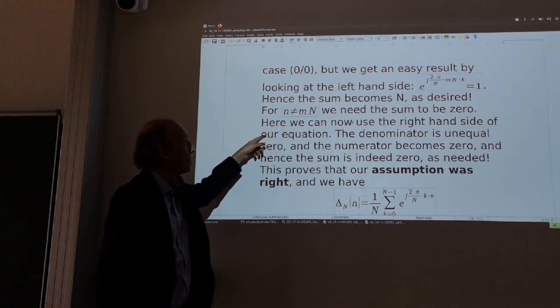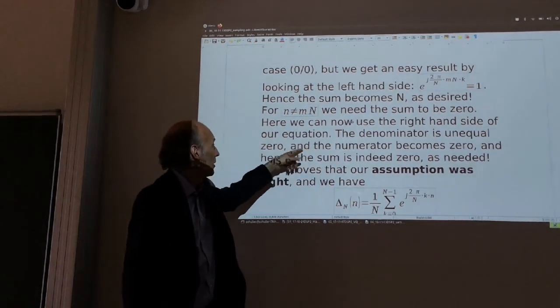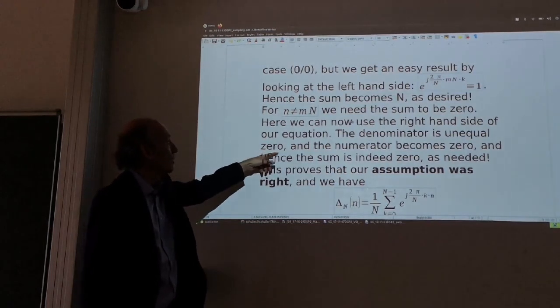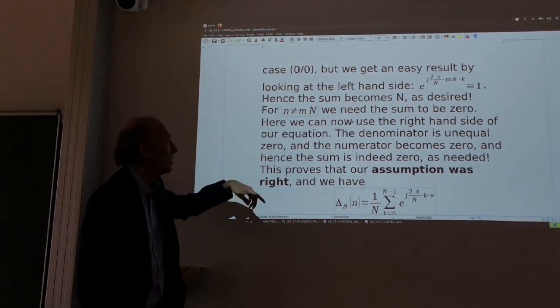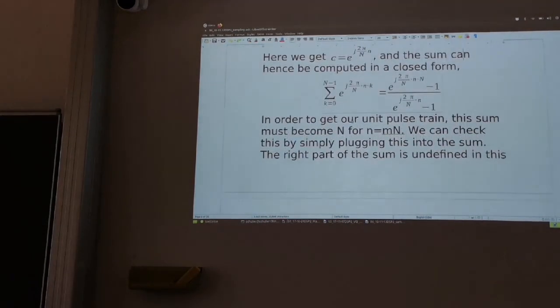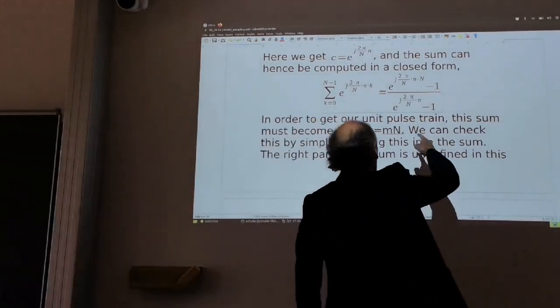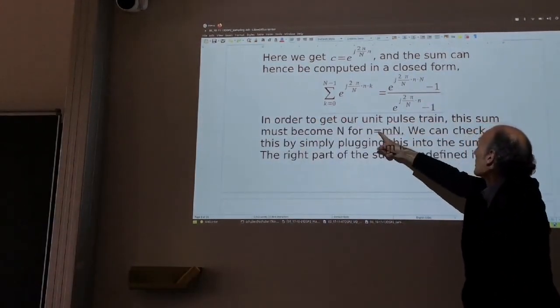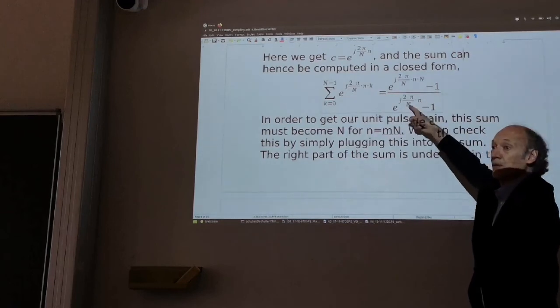And here we can now use the right-hand side which we just occupied. The denominator is unequal to 0, and the numerator becomes 0, and hence the sum indeed becomes 0. So here, when n unequal mn, then we cannot cancel this. Right?